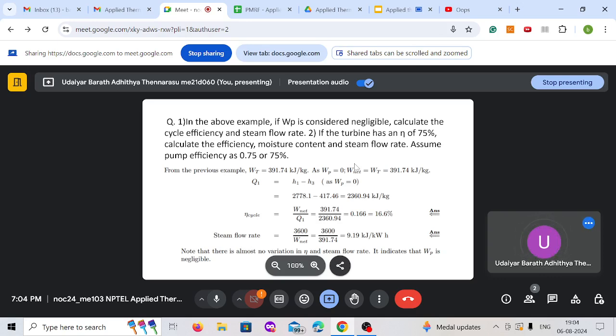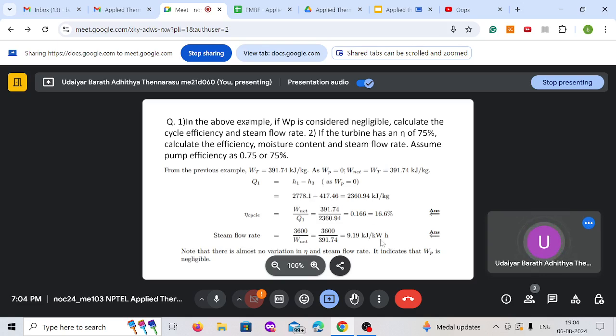So W net is WT, equal to 391.74 kilojoule per kg. My heat input Q1 is H1 minus H3, because H4 minus H3 becomes 0 as my pump work is 0. So my H4 is equal to H3.